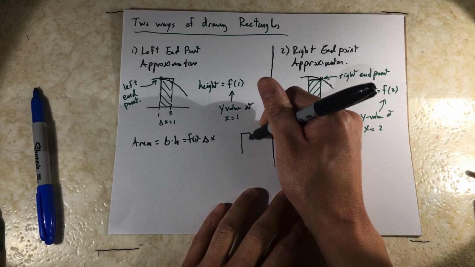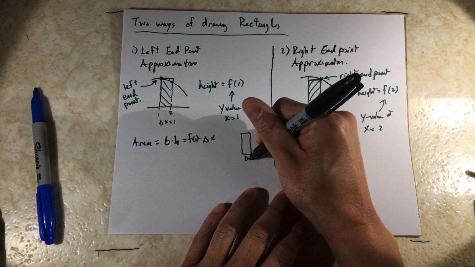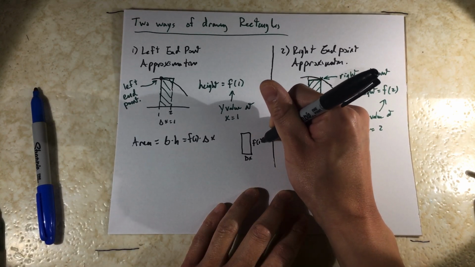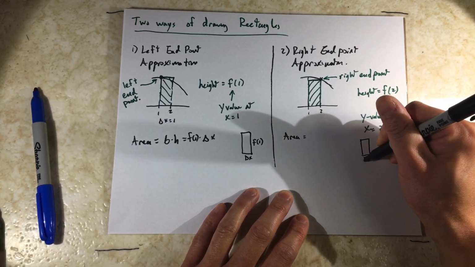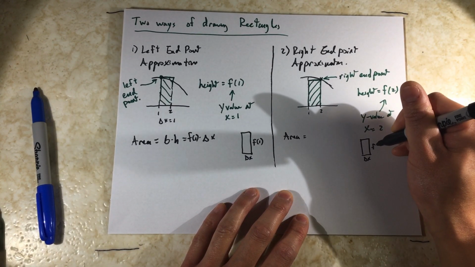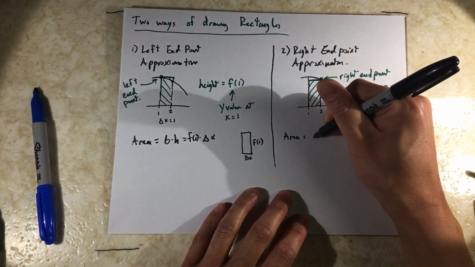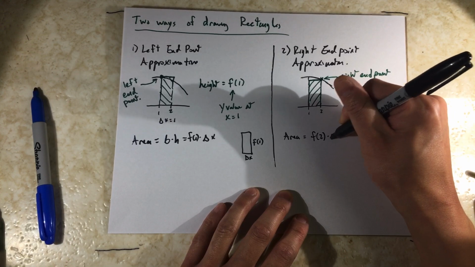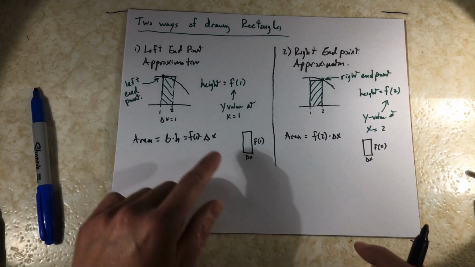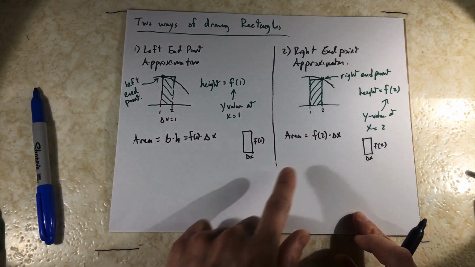So this rectangle has delta x as its base and has a height of f of 1. And this one, this kind of smaller rectangle, has a base delta x and a height f of 2. So our area here is the same idea. It's going to be f of 2 times delta x. All right. Obviously, this rectangle is bigger than this one.